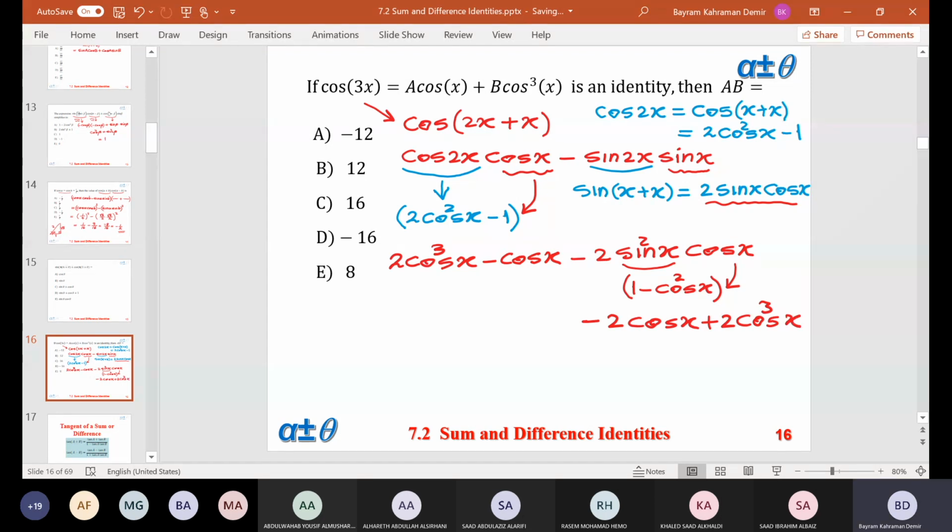How did we get 2 cosine squared x minus 1? Isn't cosine of x plus x equal to cosine of x plus... Which one are you talking about? The cosine 2x, the blue one in the corner. Cosine 2x equals cosine of x plus x. How did we get 2 cosine squared x minus 1?